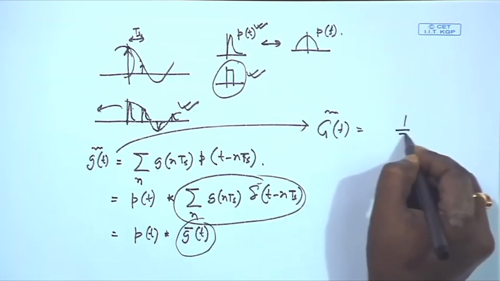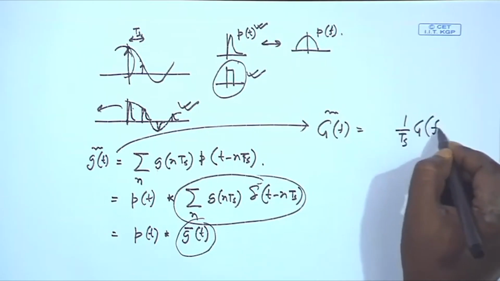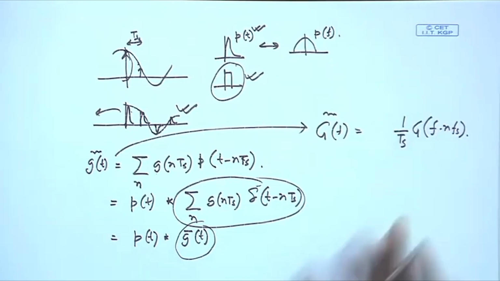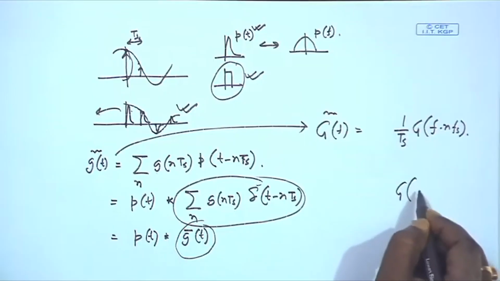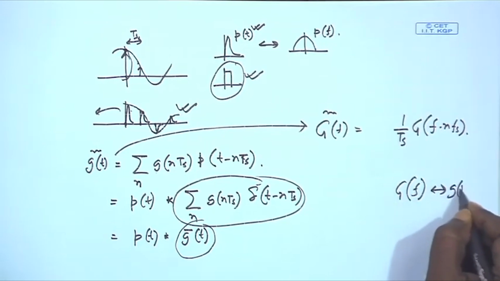This was 1 by T s times g of f minus n f s. This has already been proven: if we take an impulse train and modulate the signal with it, we get this frequency response, where g f is the Fourier transform of g t.